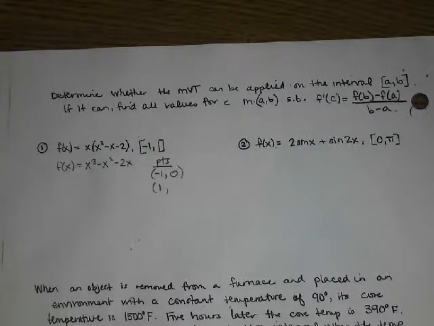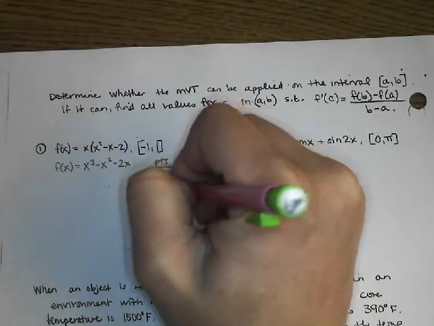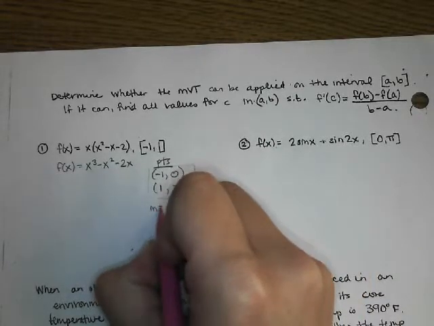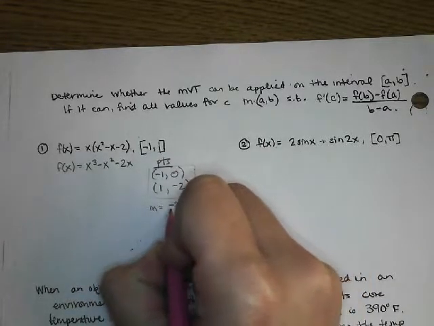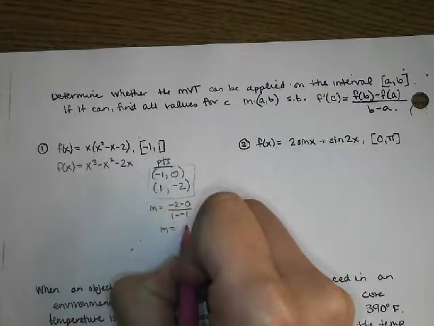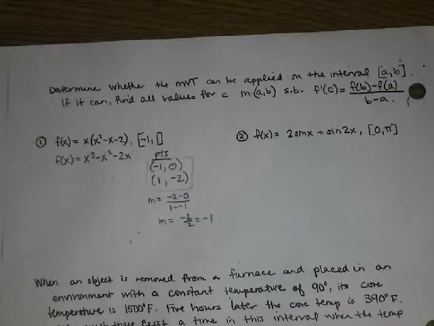Okay, so the slope of our secant line, we're going to calculate now. -1 again. And so we want to find the exact point on this curve that has a slope of -1 also.